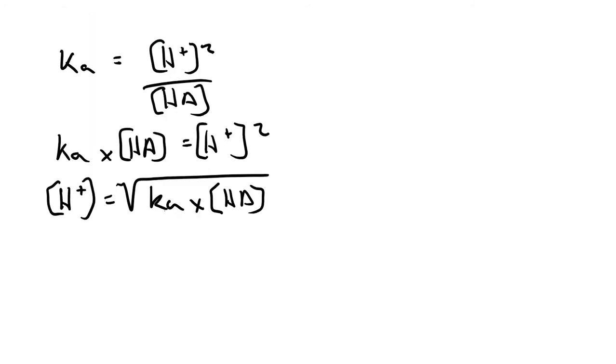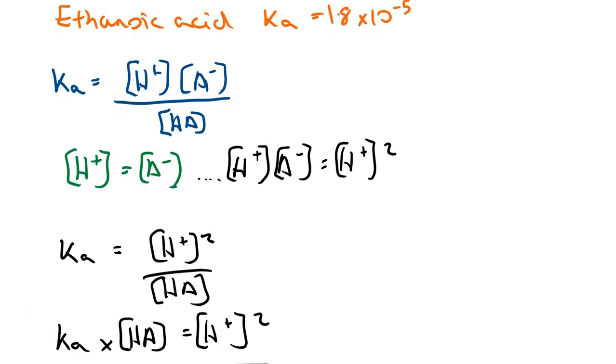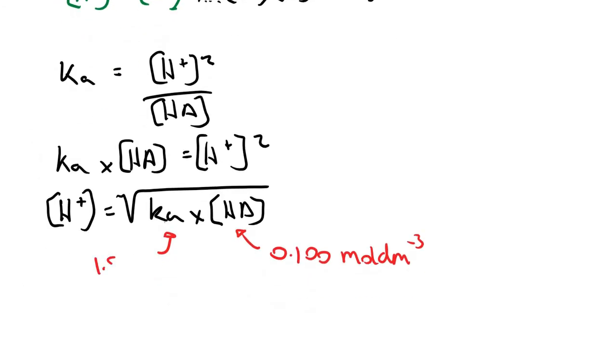So if I wanted to know the pH of a certain ethanoic acid solution, I'd need to know its concentration and I'd need to know its Ka, acid dissociation constant. So let's say, for example, I had a solution which was 0.100 mole per dm cubed. And let's say I know that Ka at 25 degrees is equal to 1.8 by 10 to the minus 5.